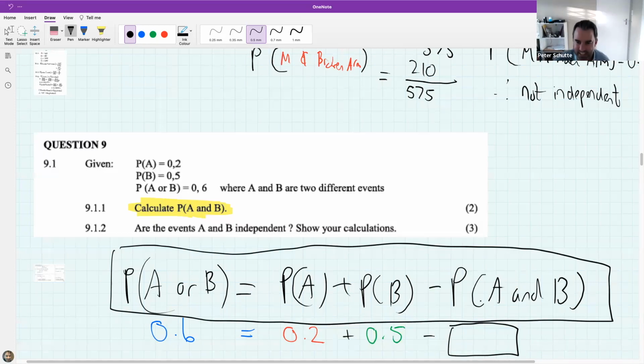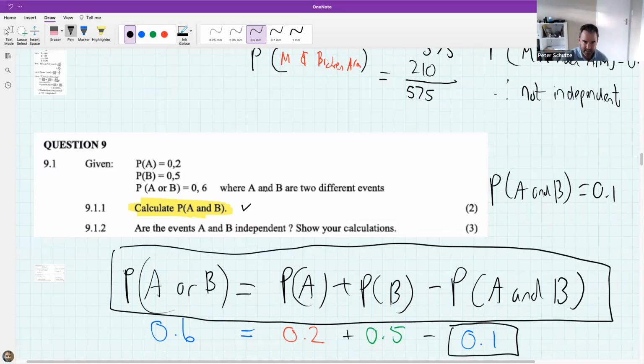Yes, Sadiq, exactly. It's the addition rule. You're right, this is 0.7, that's 0.6, but what does this have to be? Be careful. So this together is 0.7, but I want it to be 0.6. Yes, so this is going to be 0.1. And so we know that P of A and B is actually, and notice it's and, 0.1.